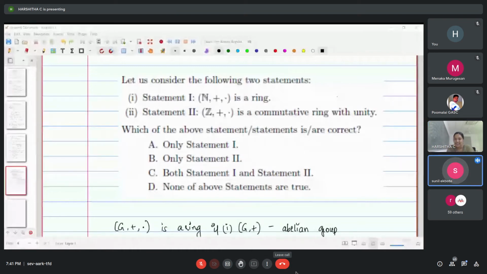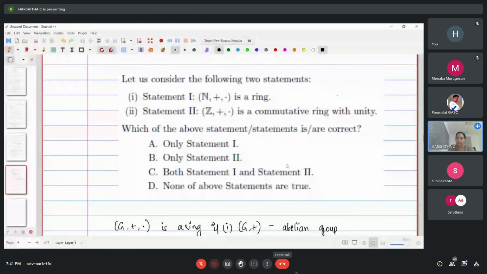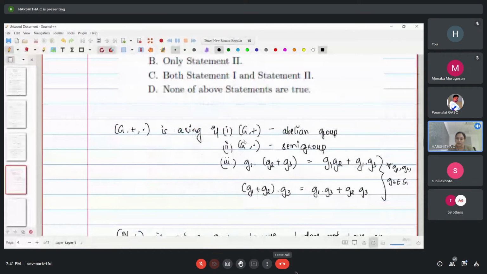It doesn't have a multiplicative inverse. We don't need a multiplicative inverse. You look at the second condition of a ring, it just says that the operation is a semigroup, which means it's a binary operation that satisfies two properties, closure and associativity. So you don't need a multiplicative inverse for it to be a ring.